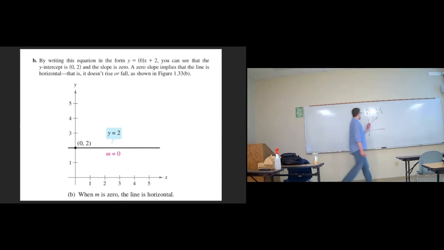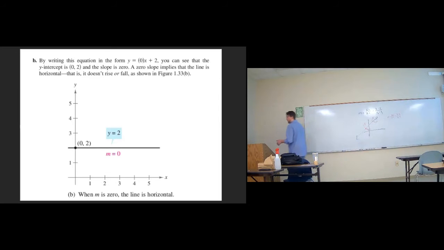Well, point 1 is associated with x1, y1. Point 2 is associated with x2, y2. So if we want to know the slope of this line, we would say that m here is equal to delta y over delta x, or y2 minus y1 over x2 minus x1.